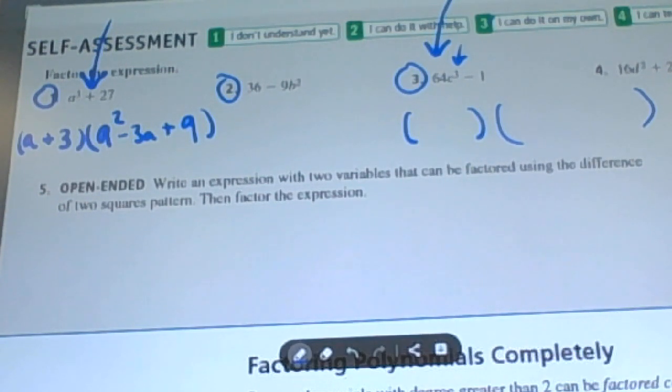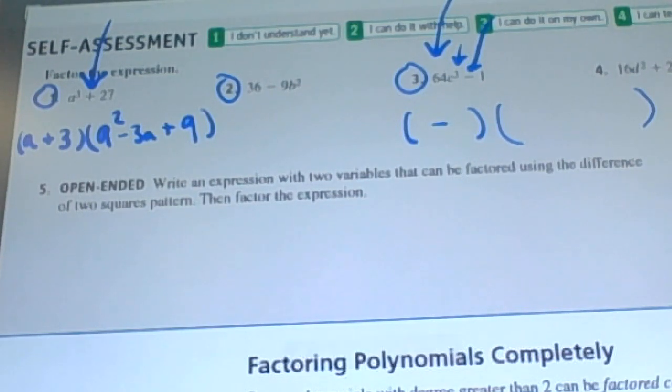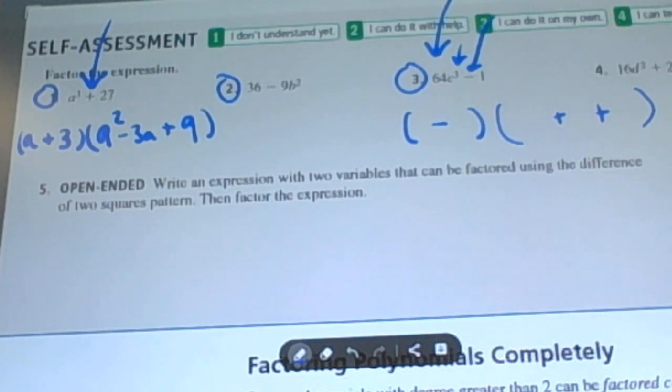I noticed that it's a minus sign. So I'm just going to fill in the signs from this pattern here. It's minus, plus, plus. Fill in the signs next, memorize them. The cube root of 64 is 4, and there's a c next to it. The cube root of 1 is 1. I square 4 to get 16. Square c to get c squared. Multiply 4c times 1 and square 1. And that's the factored form.